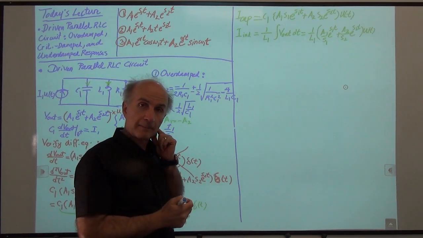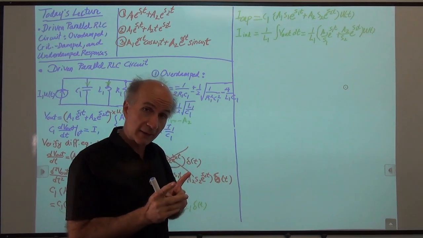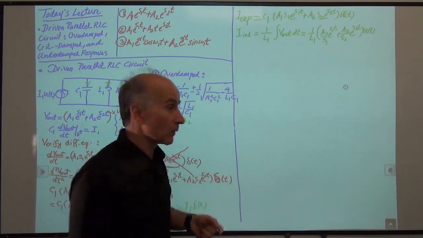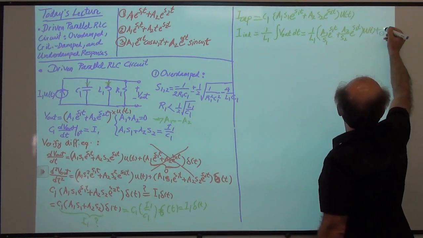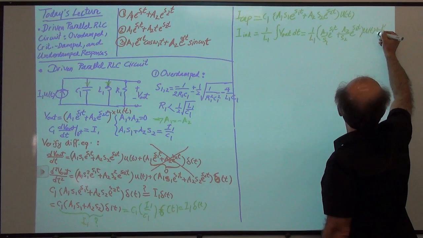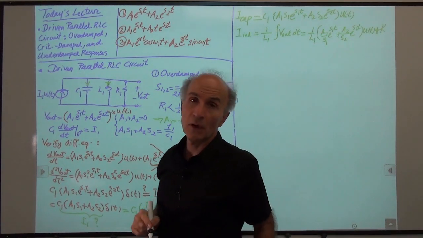So what's wrong? Well, remember, every time you integrate, you have to worry about the integration constant. That's not always 0, right? So we do have to put an integration constant here. Let's call it K or something, right? And we have to figure out how much K is. So how do we figure this out?